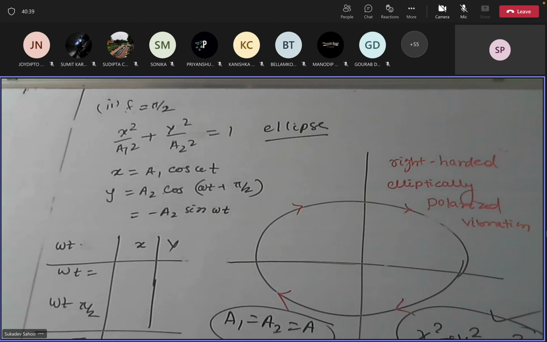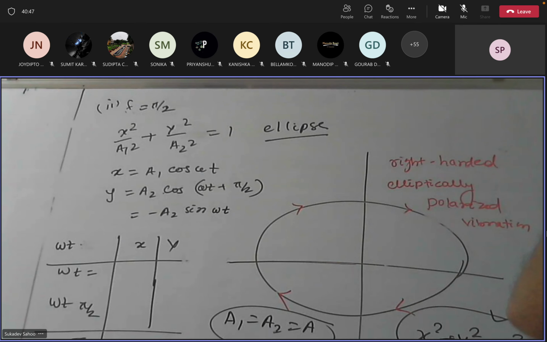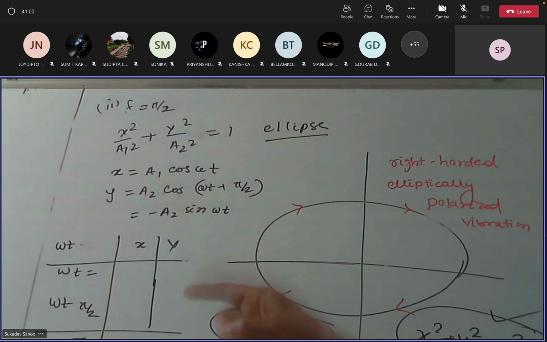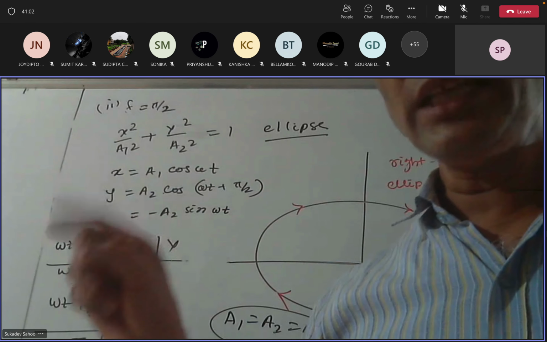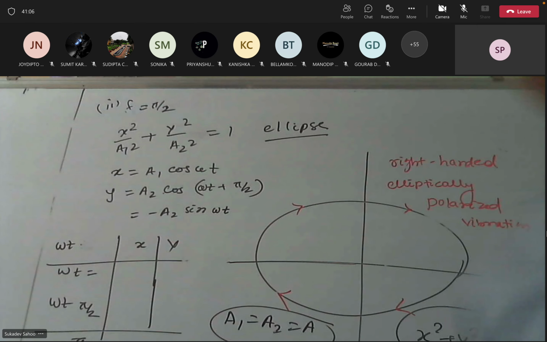The radius of the circle is equal to the amplitude of either oscillation. We have taken A1 equal to A2 equal to A. Hence we can say that the amplitude of each SHM is A. A1 equal to A and A2 is also A.